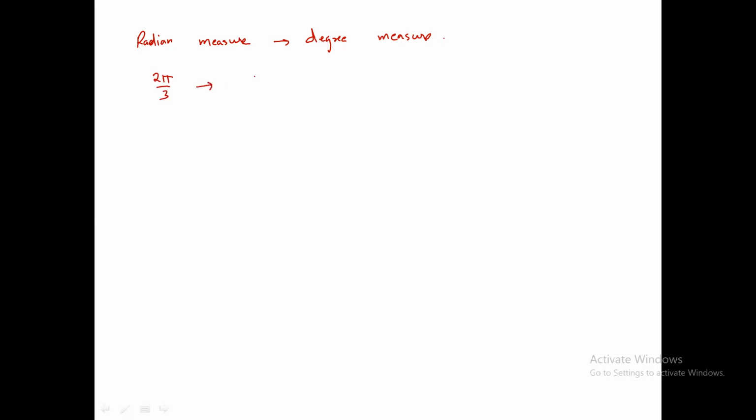Then what you have to do is, in place of pi, you have to write 180 degrees by 3. 3 twos are 6, so easily you got it 120 degrees. This is one way to change radian measure to degrees.